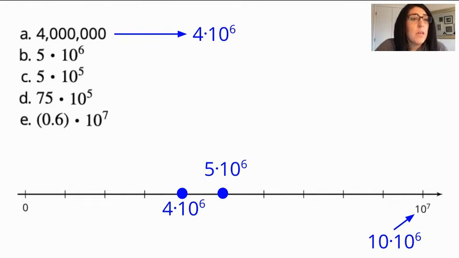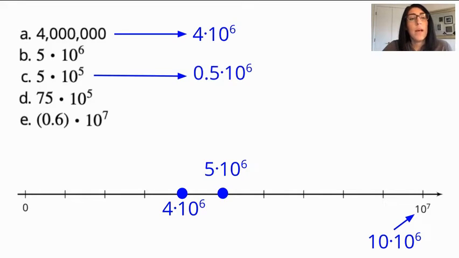Part C, 5 times 10 to the 5th. If we were to rewrite this, we would have to move the decimal place once over to the left, which would give us 5 tenths times 10 to the 6.